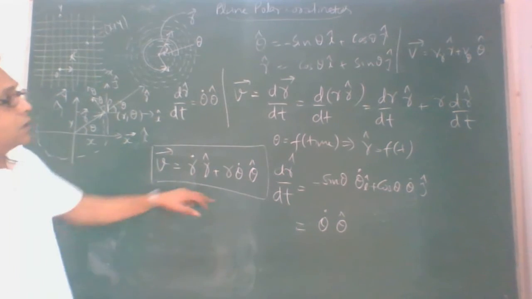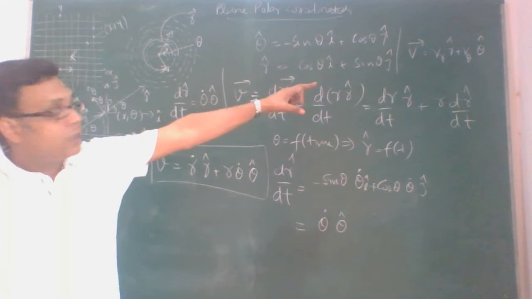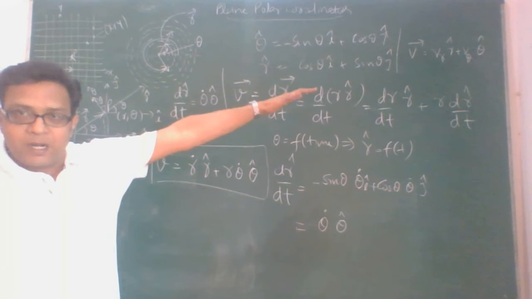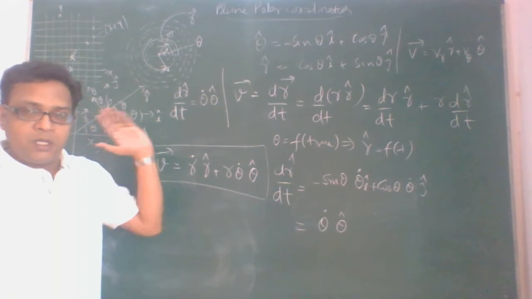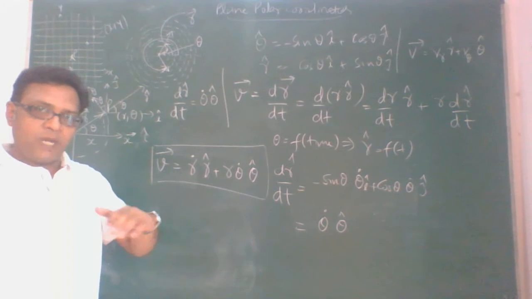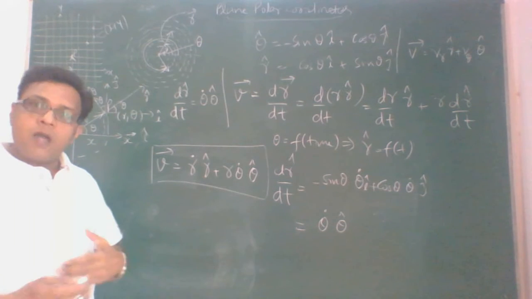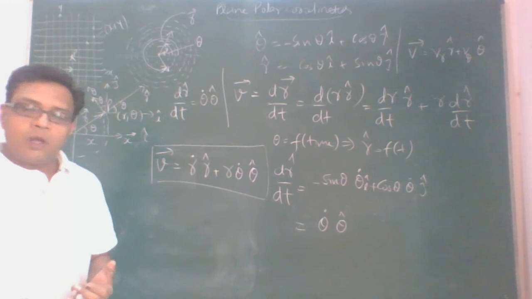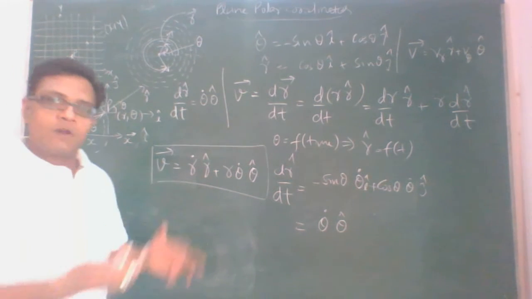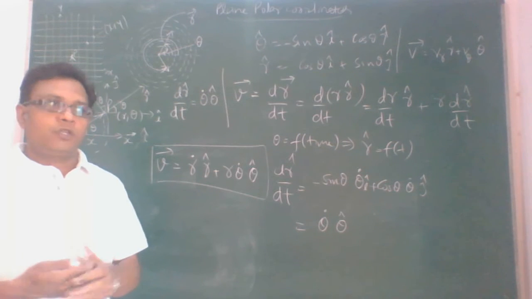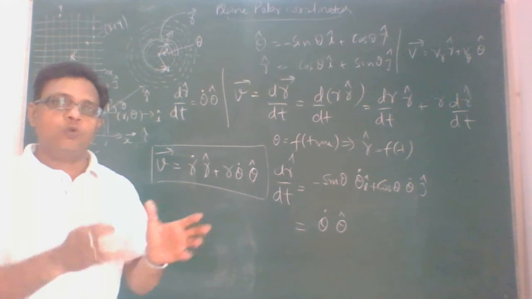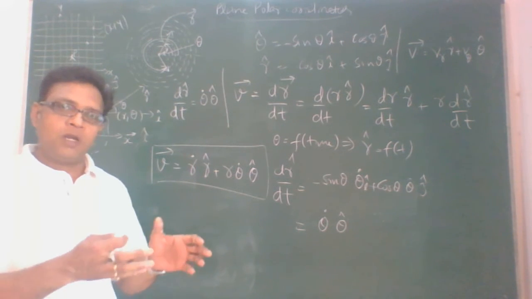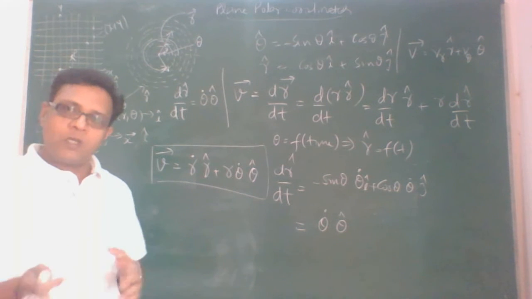Situation. You recall that the velocity we expected for this particular particle P moving in a plane polar coordinate system having r and theta variables should have two components, one corresponding to r cap, the other one corresponding to theta cap.